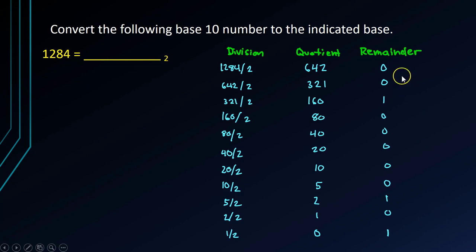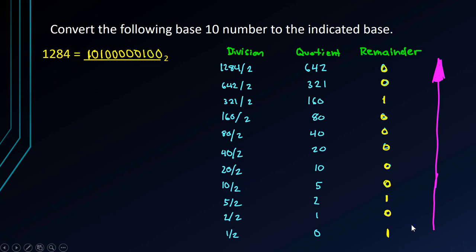So now my remainders, I just look at the remainder column and I start at the bottom and read upward. So 1, 0, 1, 0, 0, 0, 0, 0, 1, 0, 0, which is the exact same answer we got previously.